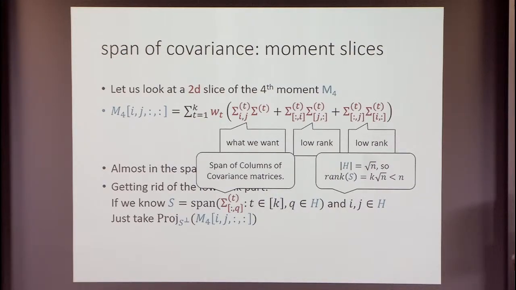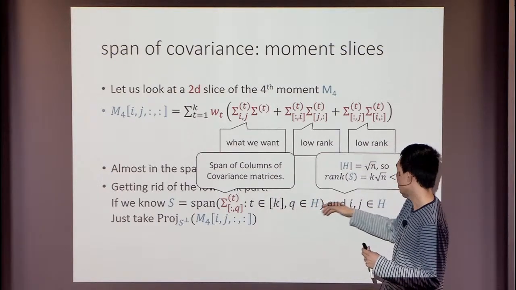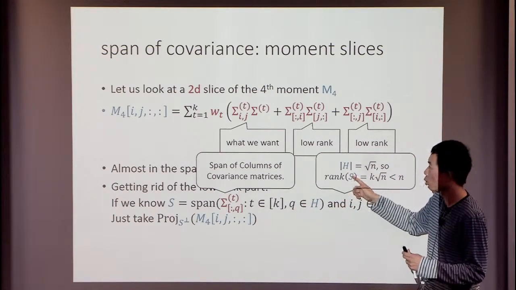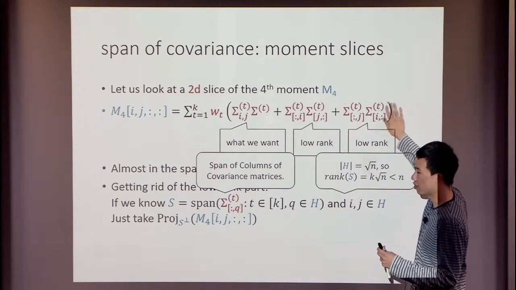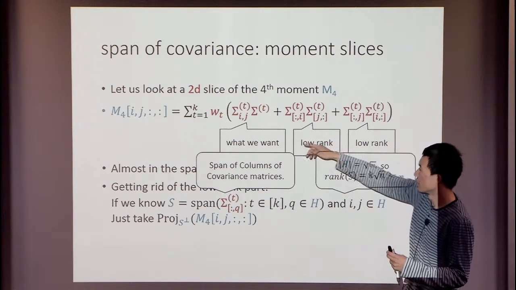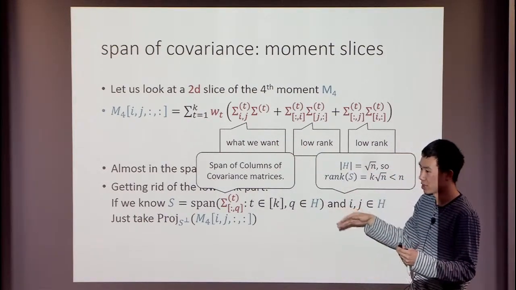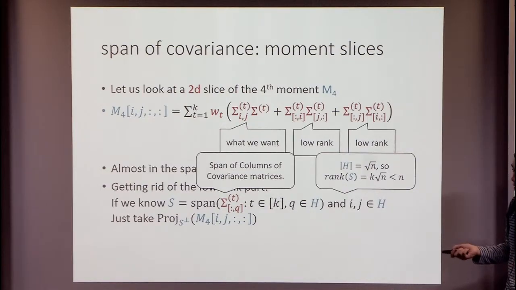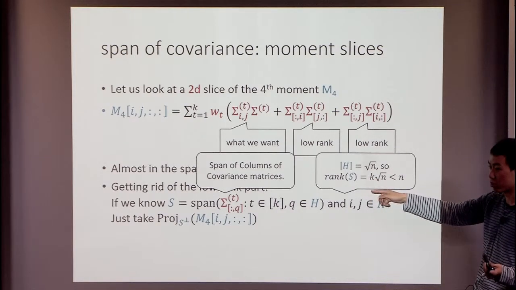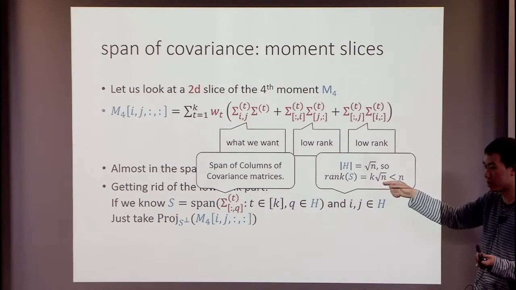Once we do this projection for any ij in this set H, we get one matrix that has none of these terms, and it's really in the span of the covariance matrices, but after the projection. How many such matrices can we get? For any ij, we can get one matrix. ij has to be in H, so we have n choices.